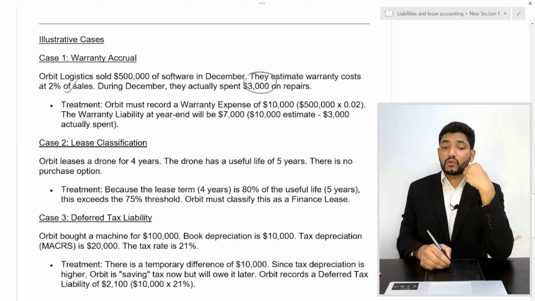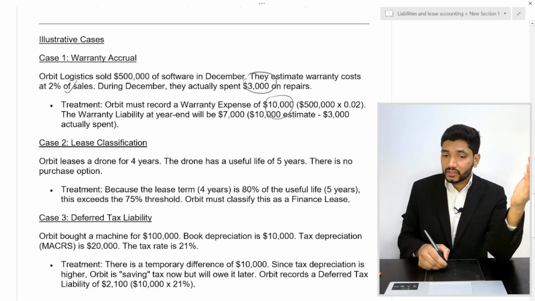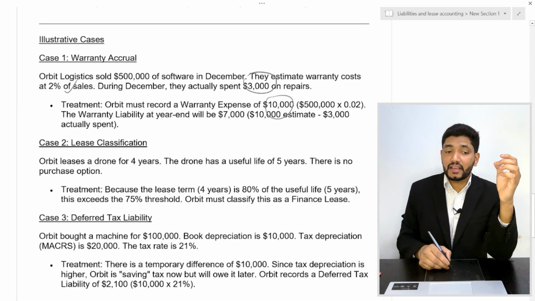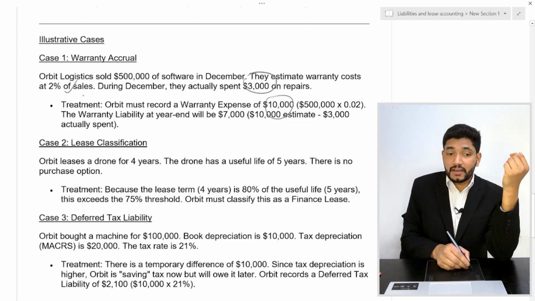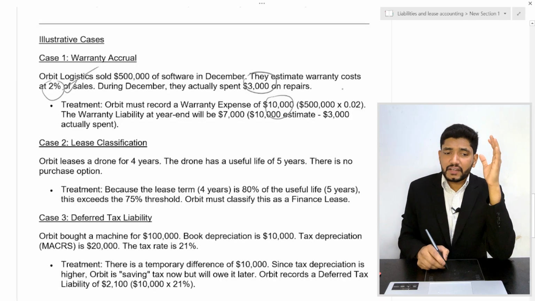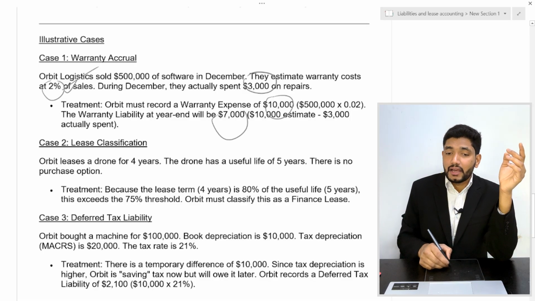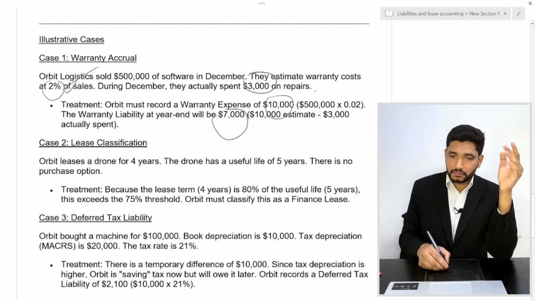First thing, they have to record warranty expense of 10,000. That means you made 500,000 in sales and you have to consider the estimate based on the actual sales, which will be 10,000. So, at the end of the year the warranty liability will be 7,000, and this actual spend you have to reduce from the 10,000.